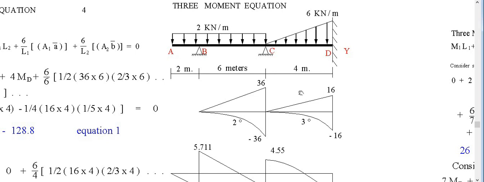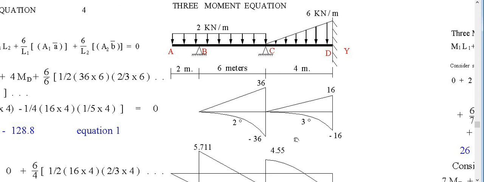The triangular loading creates a moment by parts of third degree because of the triangular shape. The total weight here is 12, then the distance is 1/3 of 4.